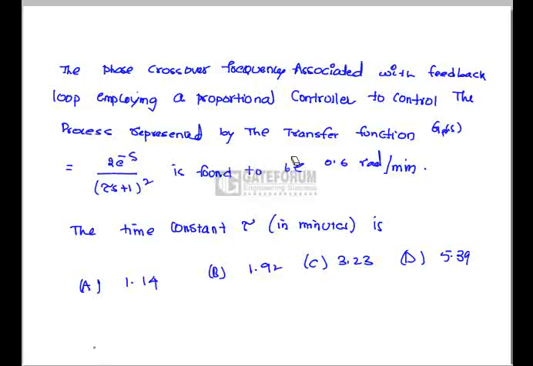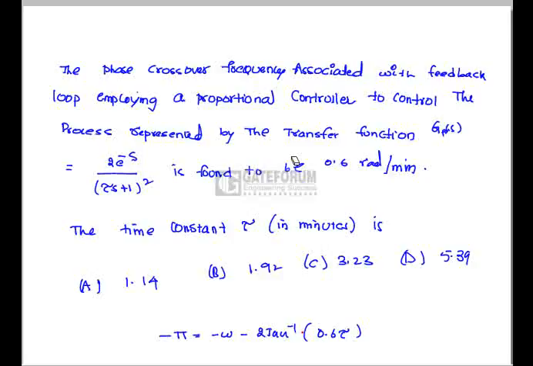See, phase crossover frequency is nothing but a frequency where the phase function of a given network attains pi radian, that is minus 180 degrees, that is minus pi. The phase function is minus omega minus 2 tan inverse of 0.6 tau.